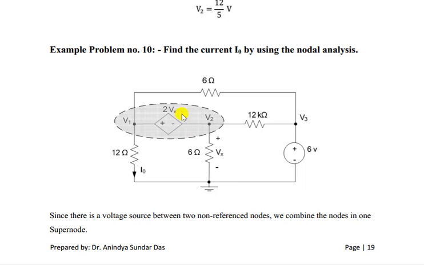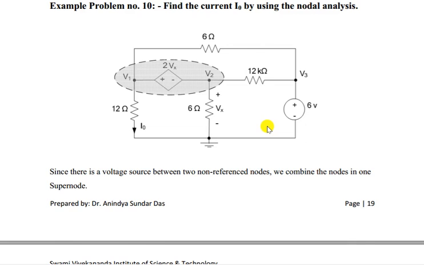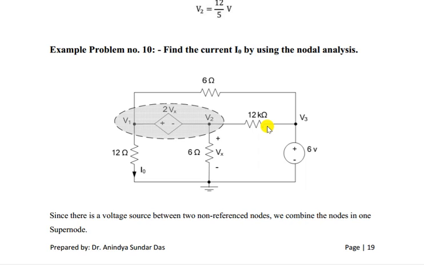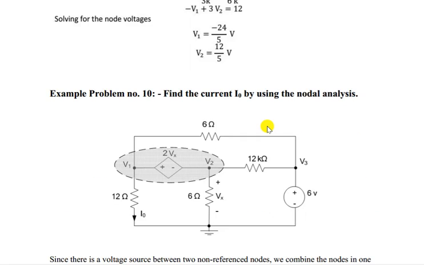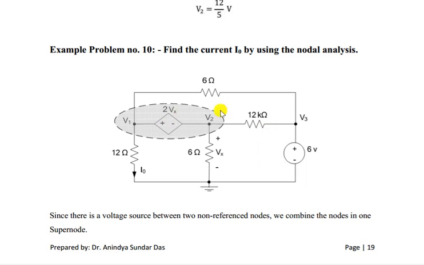If there is a dependent source, we will get one extra equation for the unknown variable, which we will get from the circuit itself. Okay, so this is how we have to solve linear bilateral circuits or networks using the nodal analysis method.